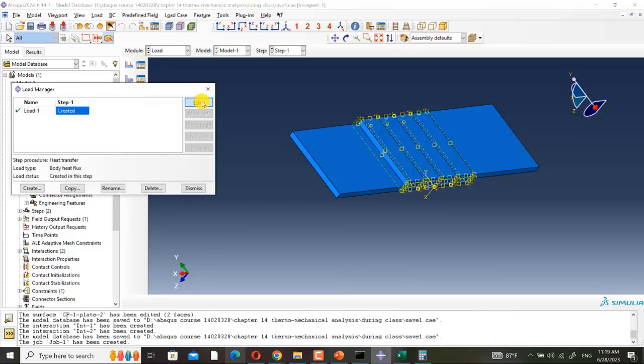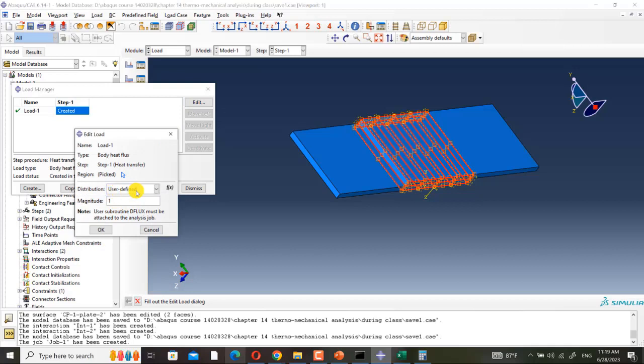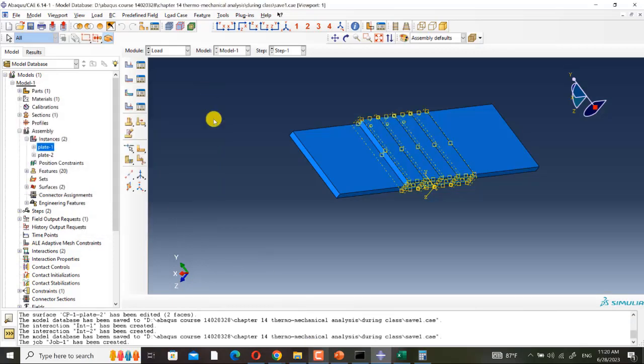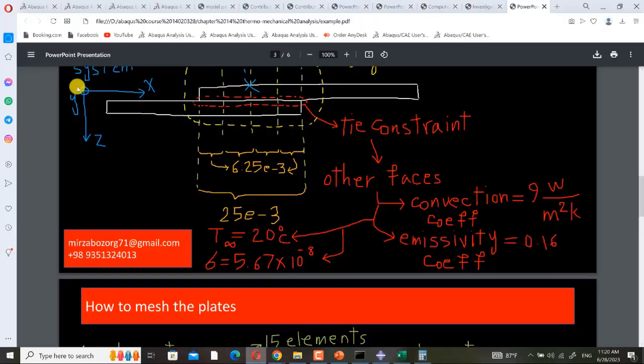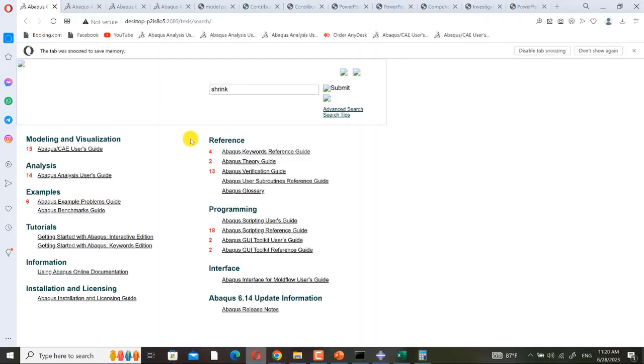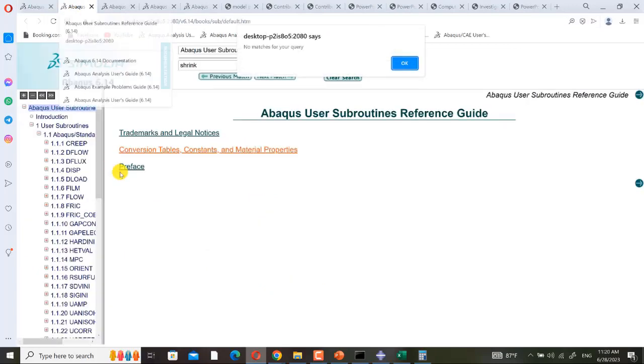Because here I have set it to user defined. It means that I want to use a subroutine. Here it says user subroutine DFLUX must be attached to the analysis job. Okay, we must write the DFLUX subroutine and attach it. Very good. So here we have the documentation. I go to the Abaqus user subroutine reference guide.